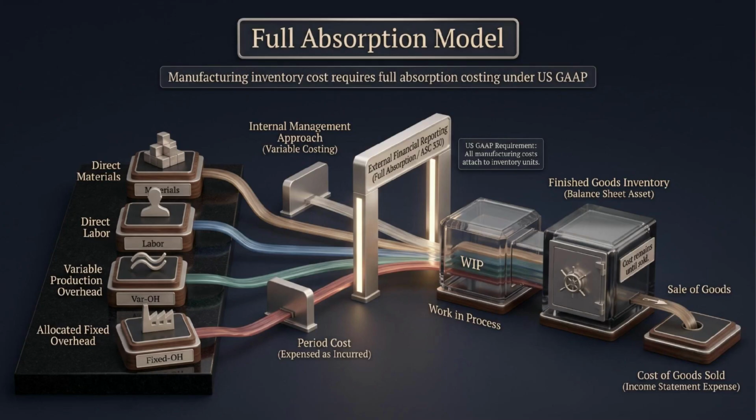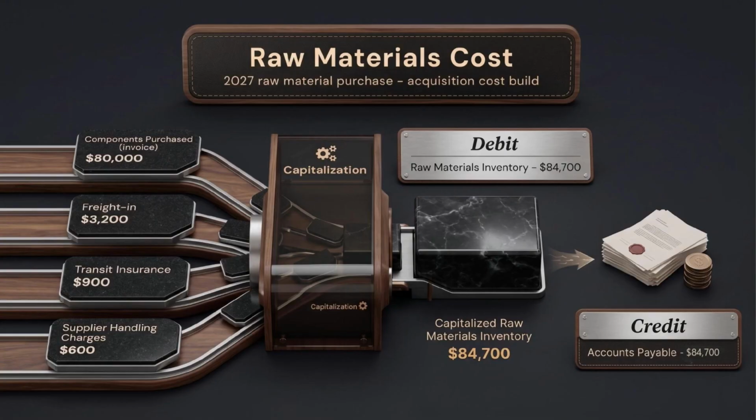Variable costing, which excludes fixed overhead from inventory, may be useful for internal management analysis, but it is not acceptable for external reporting under ASC 330. Fixed production costs are part of the cost of making goods, so they attach to units. The cost accumulates in work in process, transfers to finished goods, and then becomes expense only when the unit is sold.